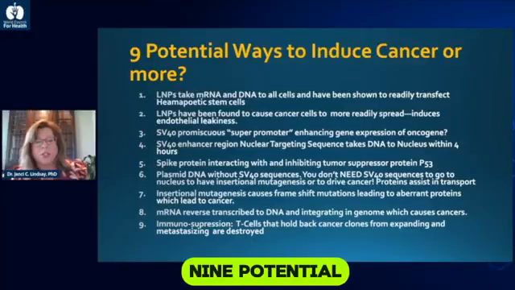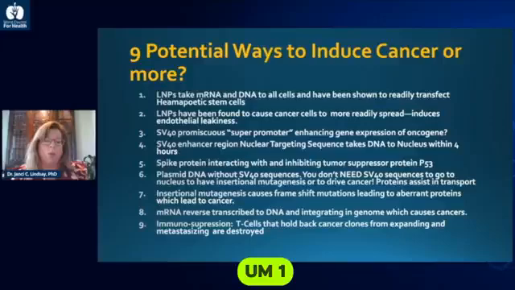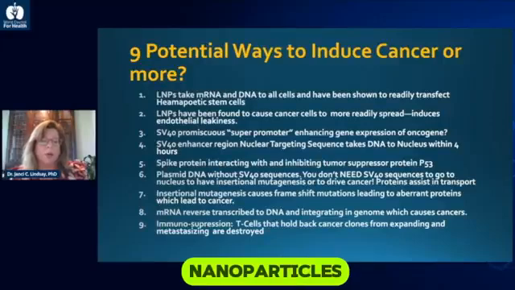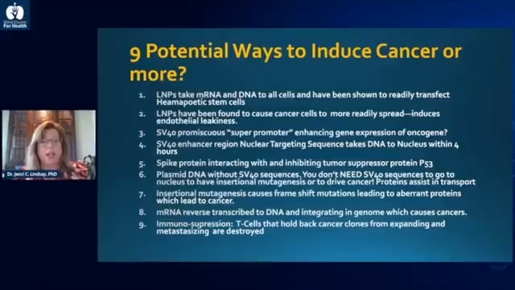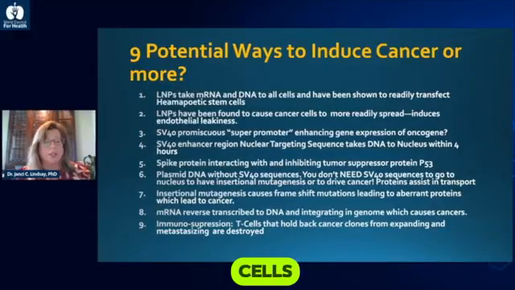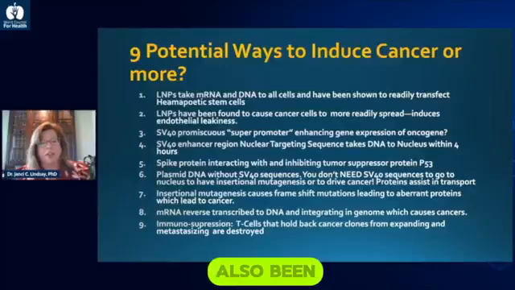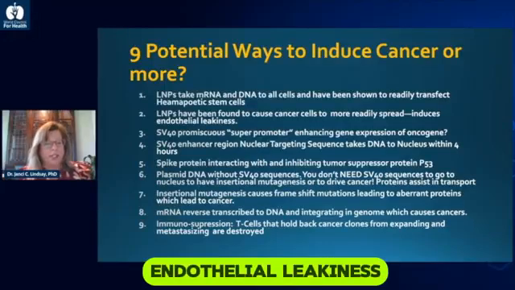So the 9 potential ways to induce cancer, or more. One, the lipid nanoparticles themselves can take mRNA and DNA to all cells, and they've been shown to readily transfect hematopoietic stem cells. LNPs have also been found to cause cancer cells that are already present to more readily spread by inducing endothelial leakiness.